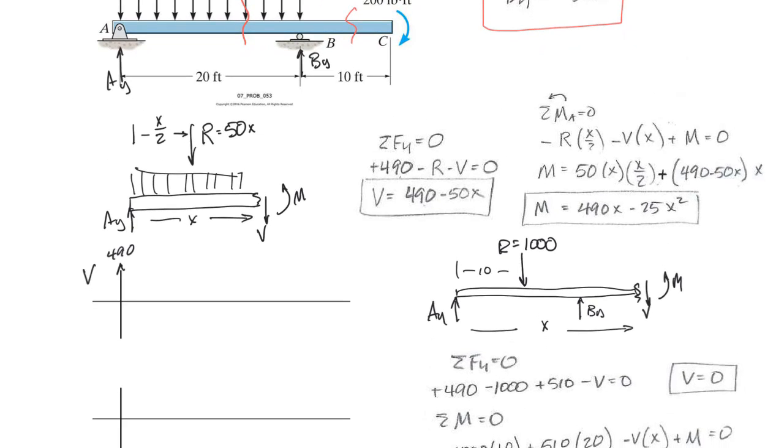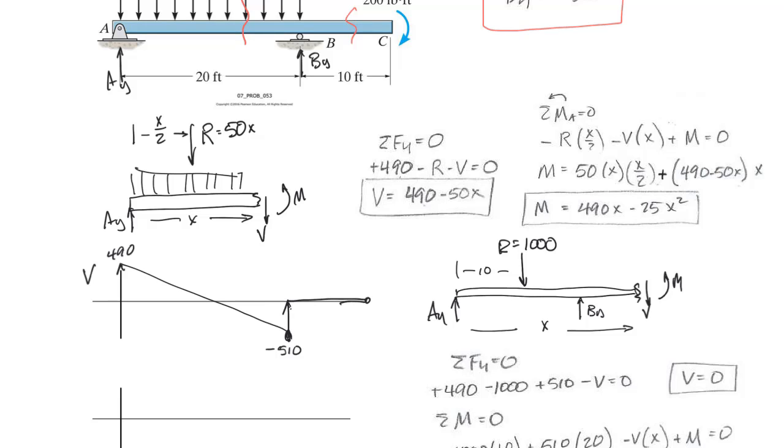What I want to do is evaluate this at x is equal to 20, right there. At x is equal to 20, it is negative 510. So I'm going to draw this kind of back here, negative 510. This is an equation of a straight line, so I know that this goes straight down. Then what it says is that the shear is equal to 0 after that, so it goes straight up and meets the graph and stays at 0.